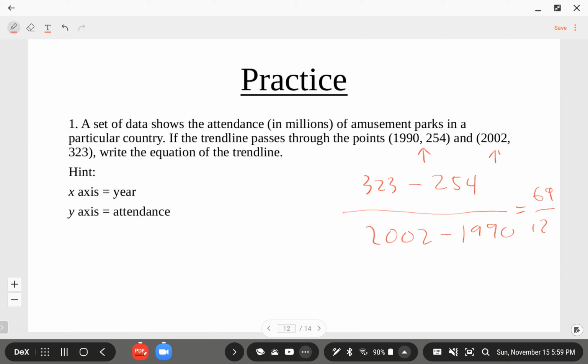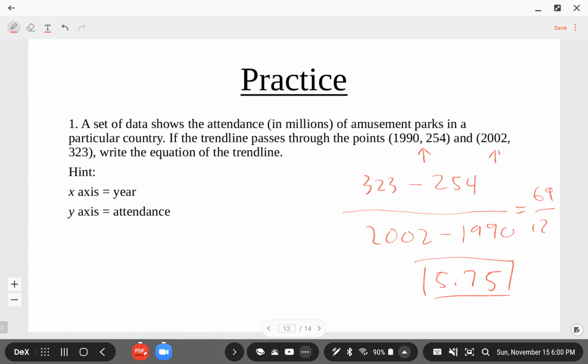Yes, 323 minus 254 is 69. Let's simplify that to 5.75. So 5.75 is our slope.